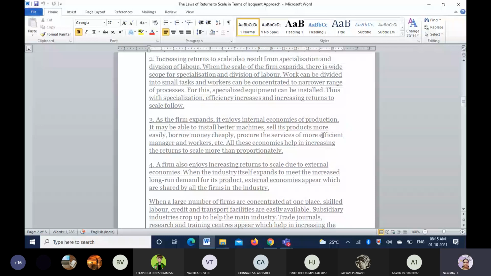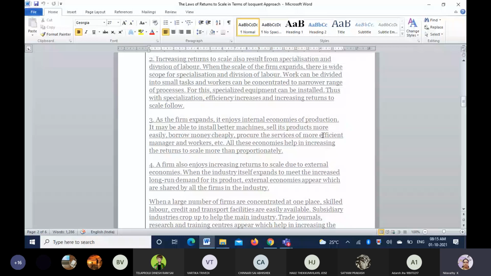Inputs used, specialization, internal economies and the external economy all play an important role. And here they have given one more concept: if they are engaged in a production process that is going to benefit, subsidies will be given by the government.